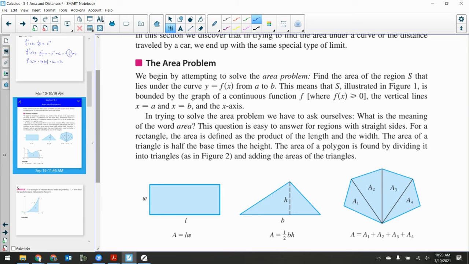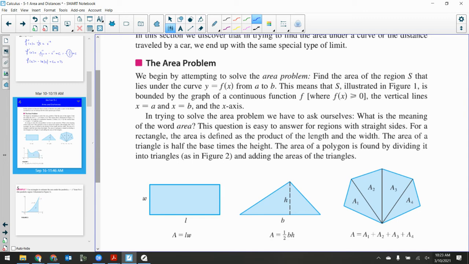If we've got a triangle, we could do 1/2 base times height. But if we've got something weird like this, then what we could do is possibly break it up into pieces that we can find the area of using formulas that we know, and then add them back together to find the total area.